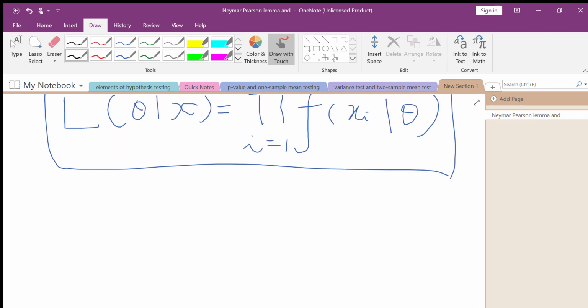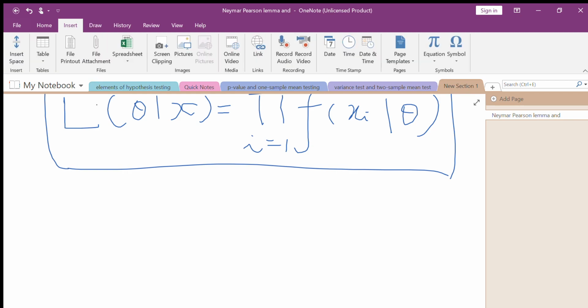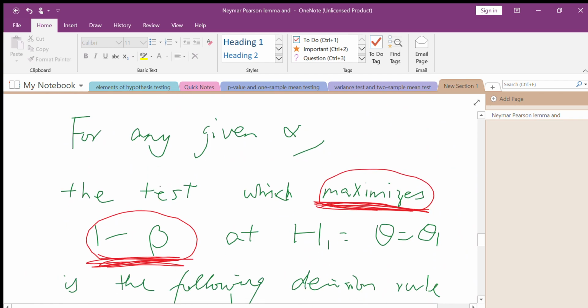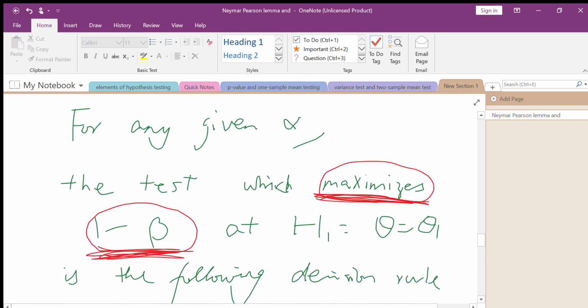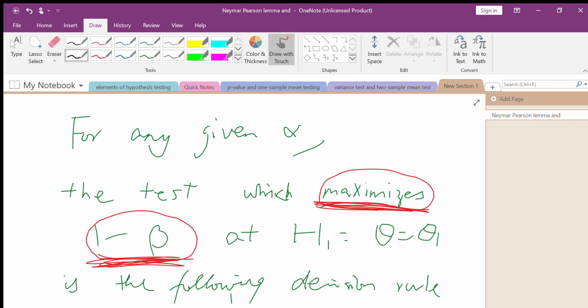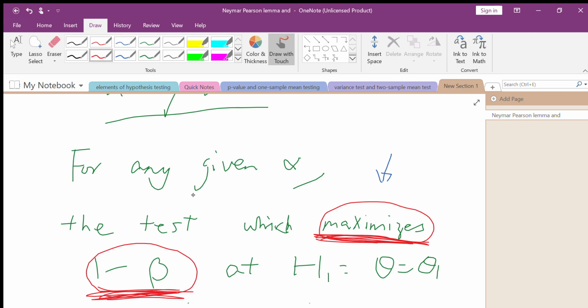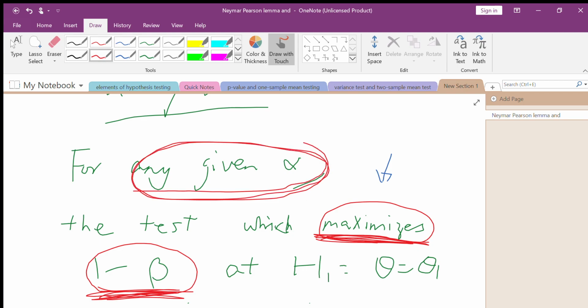And a final remark of the Neyman-Pearson lemma is that for any given alpha, the test which maximizes 1 minus beta, we give it a name. The name is the most powerful test at alpha, because for any given alpha, we maximize 1 minus beta, and 1 minus beta has the terminology of power.